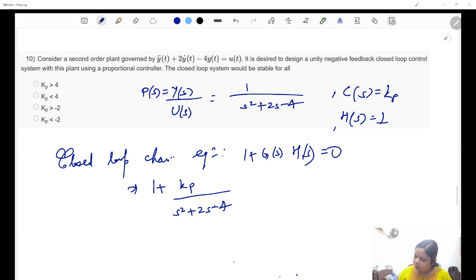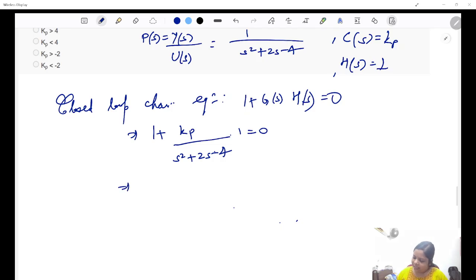Okay, so your closed loop characteristic equation is given by this. Hs is 1. After this, let's clear this out. It would be s square plus 2s plus Kp minus 4 is equal to 0. Yes, this is the correct answer. Very good. So all your coefficients of s should be non-zero. Is that satisfied?